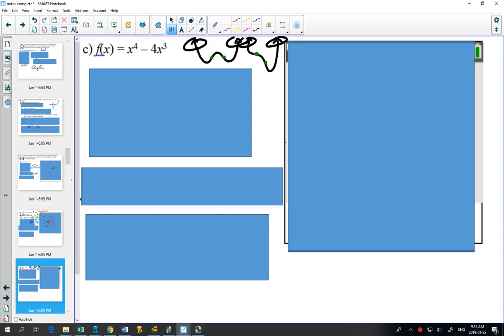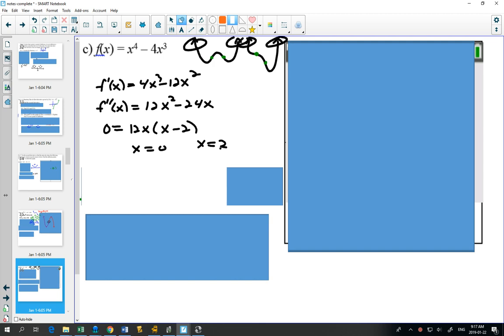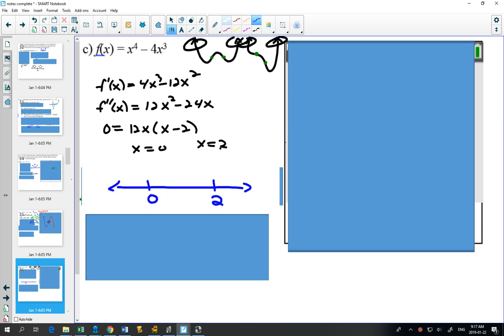So let's find out which of these two graphs it is, or if it's another one. Find our first derivative, find our second derivative. Our second derivative factors, and so we get x equals 0 and x equals 2. I would draw my number line with 0 and 2.